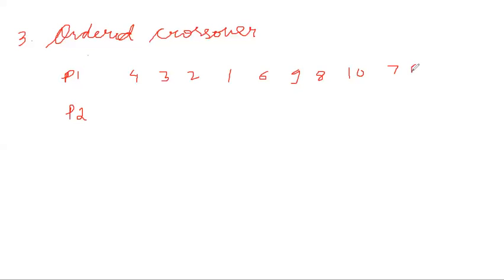So I'm going to take the same parents which I did in the last example. Next is 9, 1, 5, 6, 8, 4, 2, 3, 7, 10. Okay. So this is what I'm going to have.